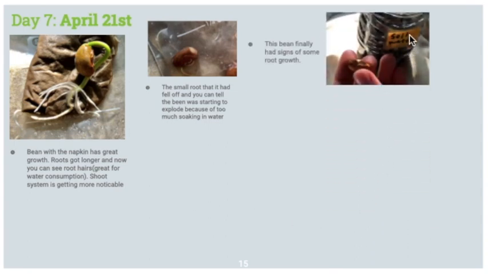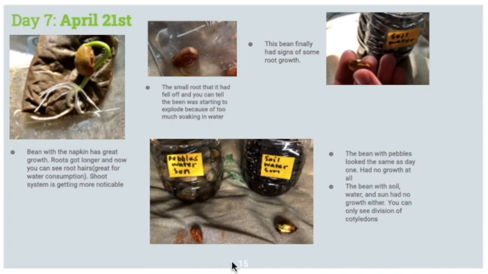And the bean that was in soil and water and indirect sunlight had finally started to show some signs of growth. And lastly, the beans in the pebbles and water and sun, and the soil, water, and sun didn't really have any growth, but in this bean you could start to see the division between the cotyledons.